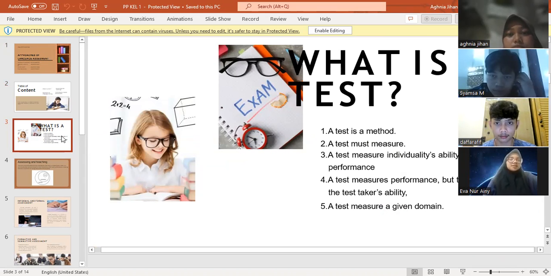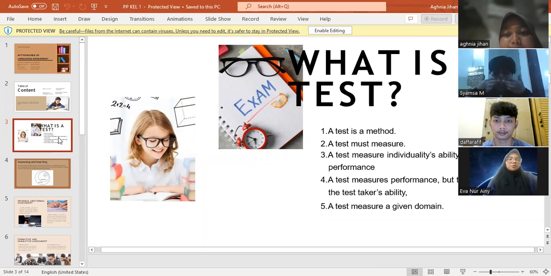Okay, the next is about what is a test. One, a test is, in simple terms, a method of measuring a person's ability or knowledge. If we talk about the definition of a test, the first is that a test is a method.